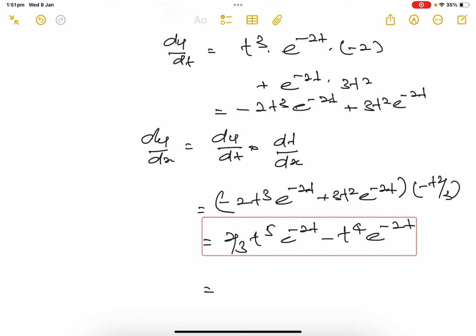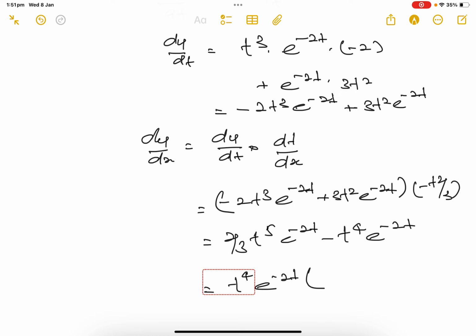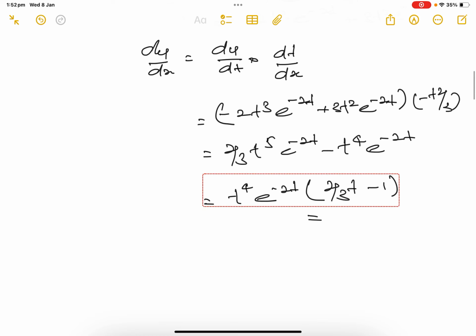We can take a common factor, t to the power 4 e to the minus 2t. What is left is 2/3 t minus 1, the simplified form of dy over dx.